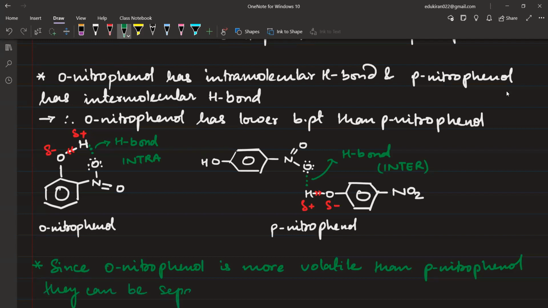They can be separated by steam distillation.